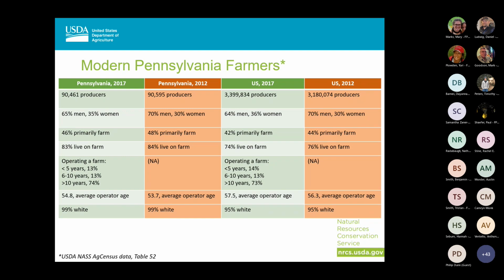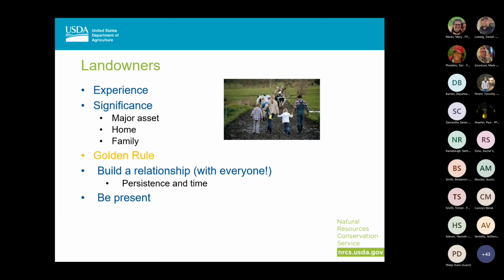And the average operator age is about 55. So they may be a little set in their ways, especially if they have been operating for a while. And the vast majority of them are white. So just some demographics to remember.